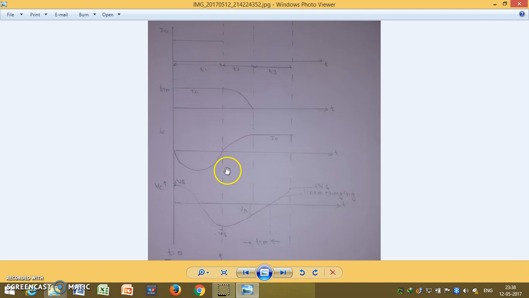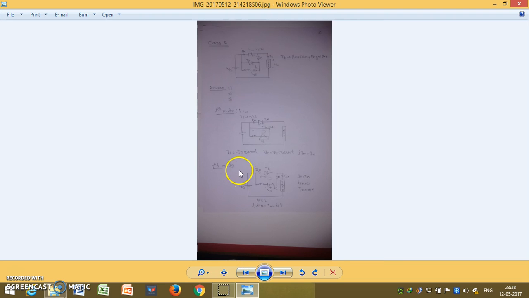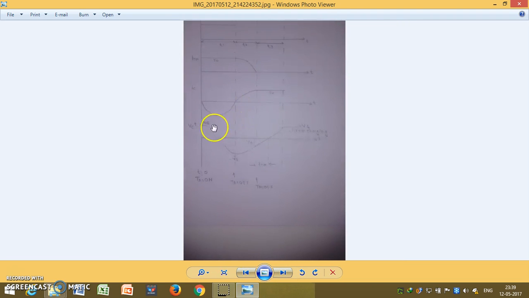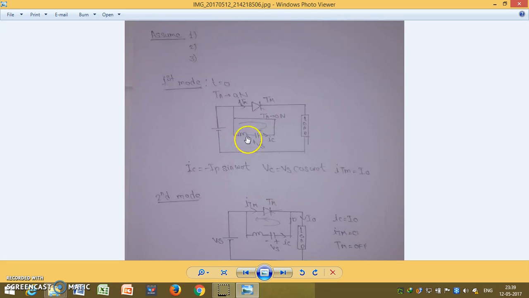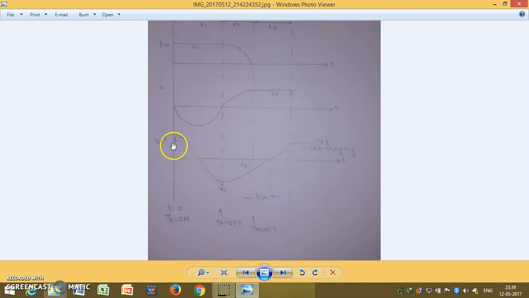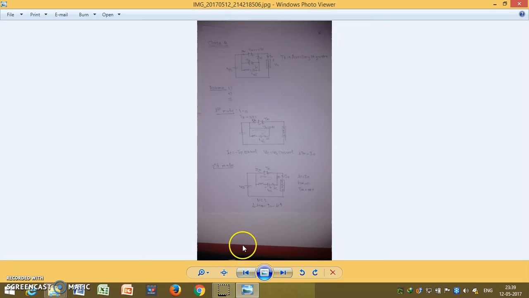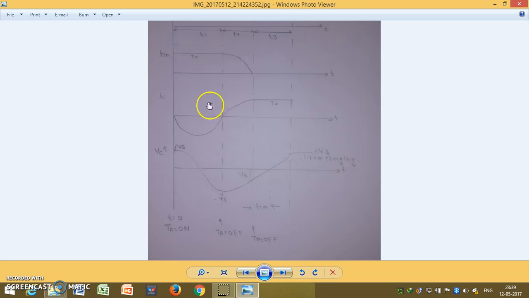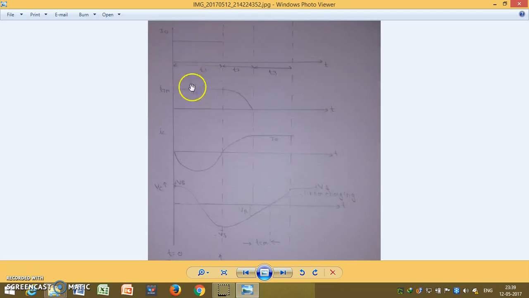IC is our sinusoidal current, which we already discussed for the LC component earlier, and after that this is our VC. First VC is positive-negative, and after that mode it reverses its polarity. So first is plus and second is negative, and the same is reflected in our graphical representation.